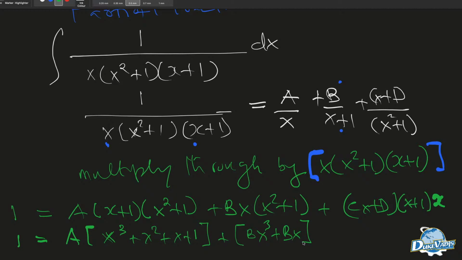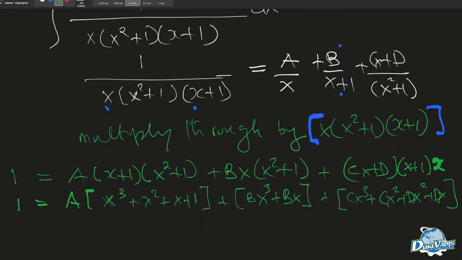Okay, then here we're going to go cx cubed plus cx squared plus dx squared plus dx into one bracket.